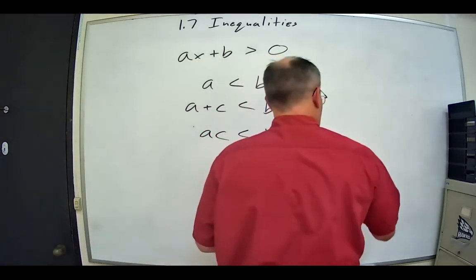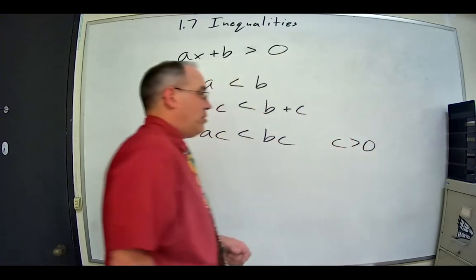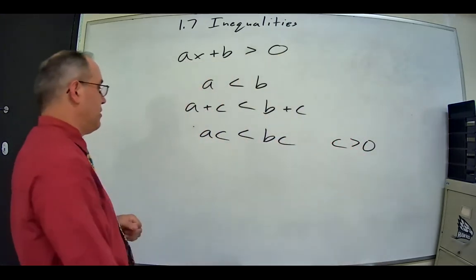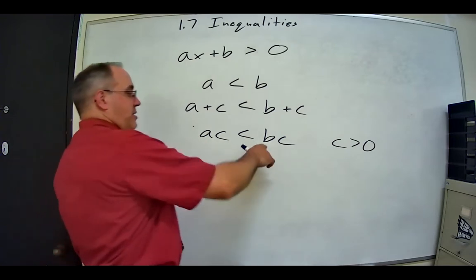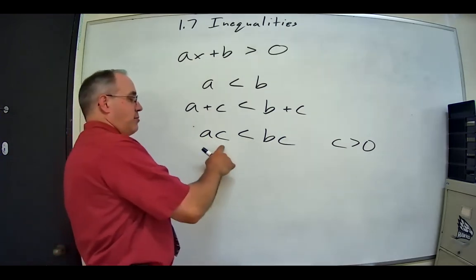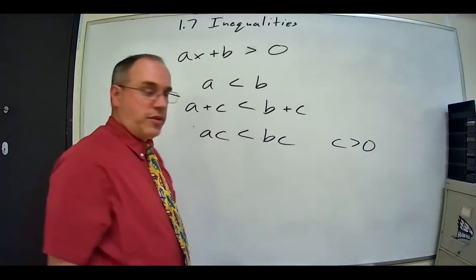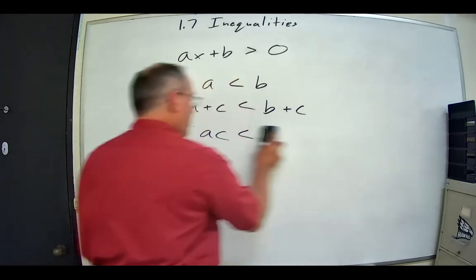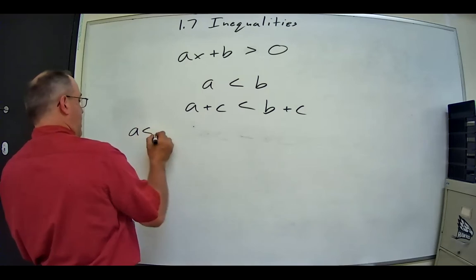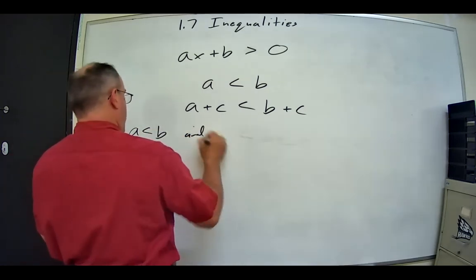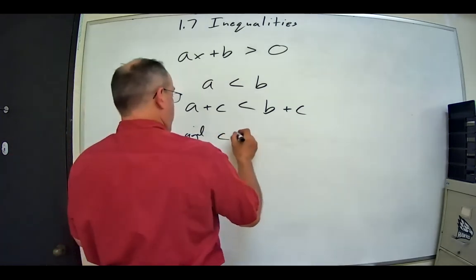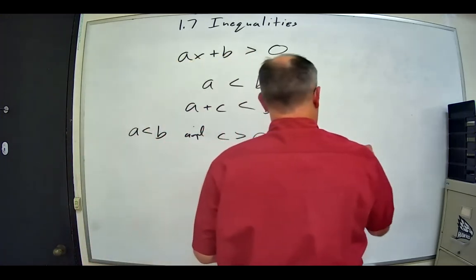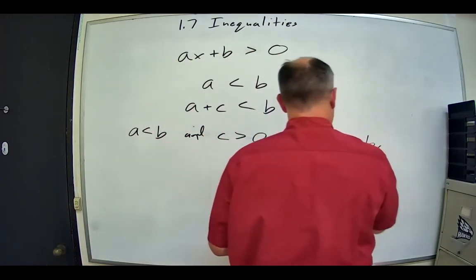If c is greater than 0, and a is less than b, then a times c is going to be less than b times c. So let me modify this slightly and say if I have a less than b and c greater than 0, then ac is less than bc.